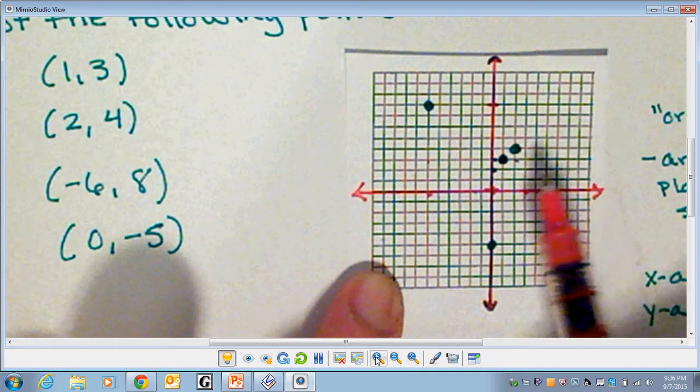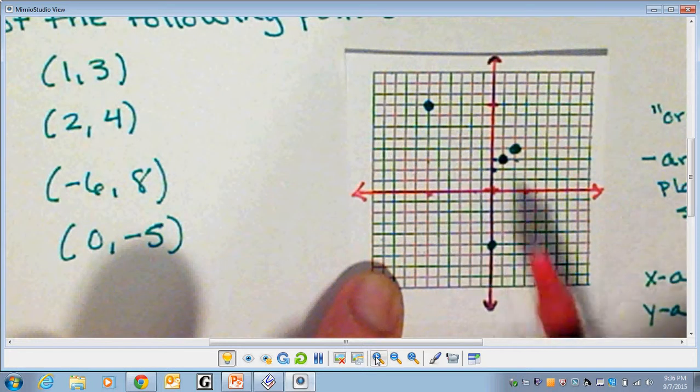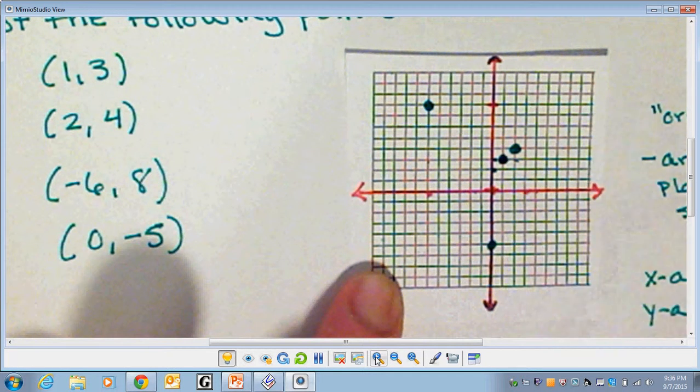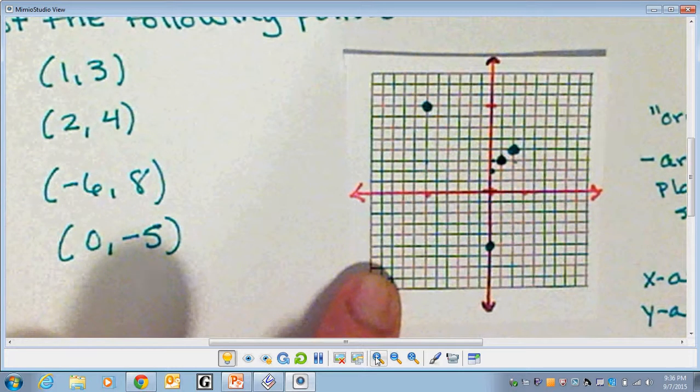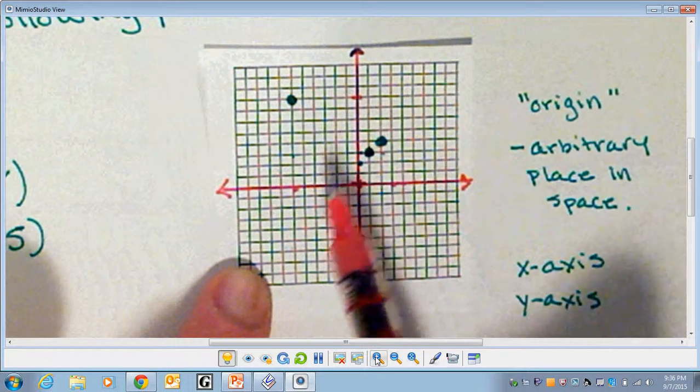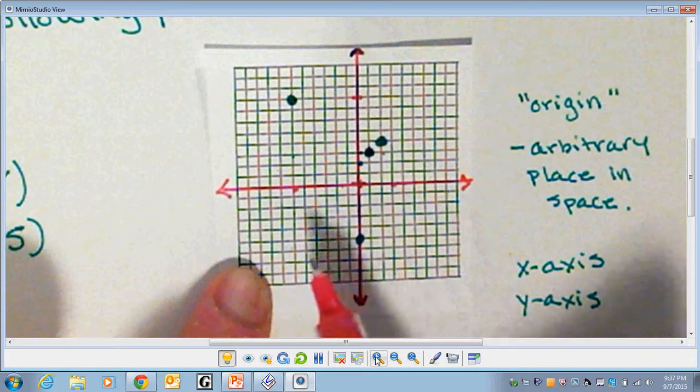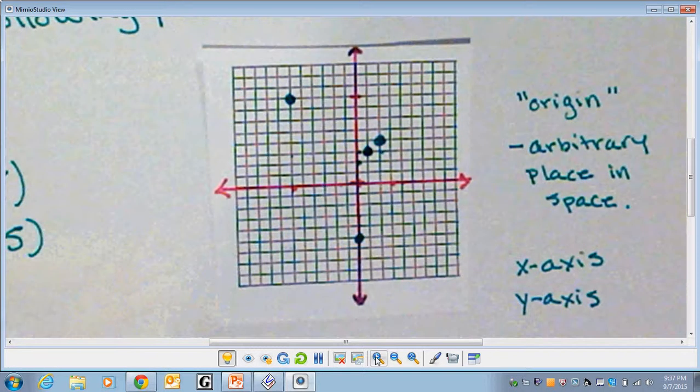That's because I decided to put 1, 3 right here. Everything else has a relative placement. There is really no significance in the x and y axis except that it tells you where everything is in space. And that's why we have an x and a y axis. It helps us figure out where things are.